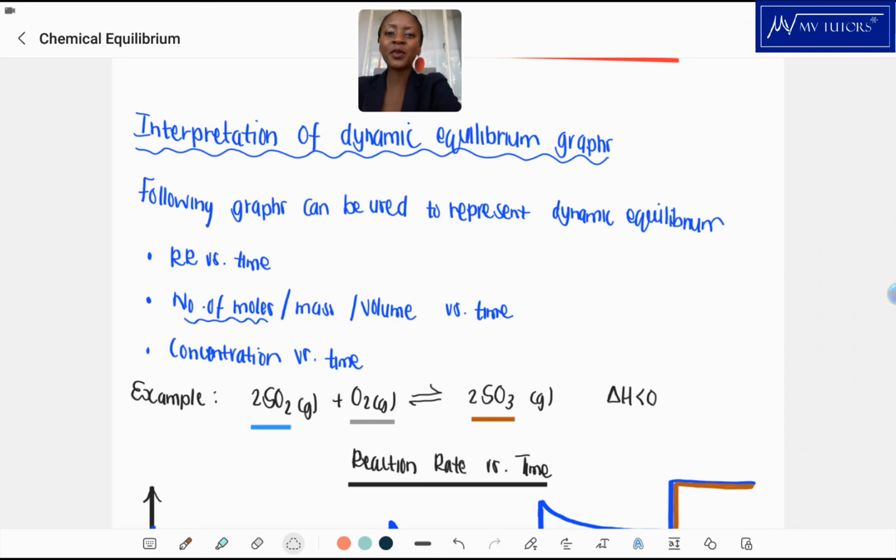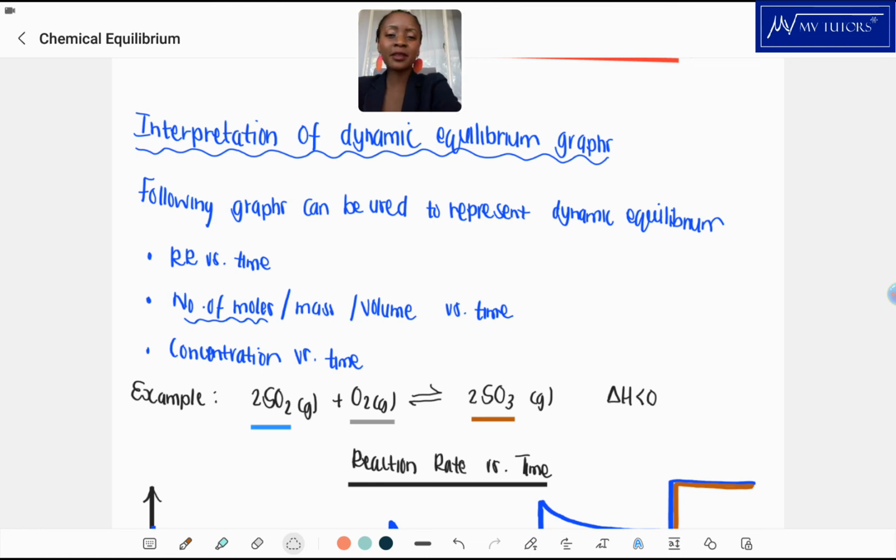From what we've learned about Le Chatelier and disturbances in equilibrium, we now need to look at the graphs, see how we can interpret them, and understand how to plot the theory in a graph or interpret a graph theoretically.